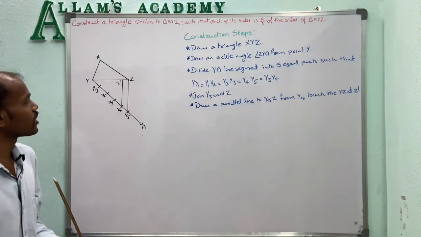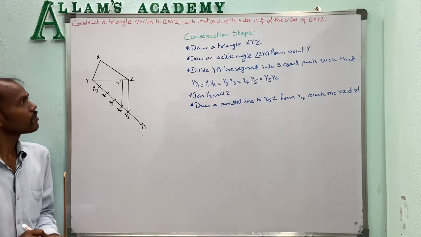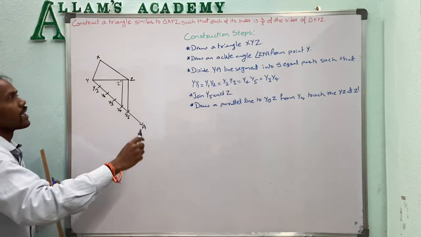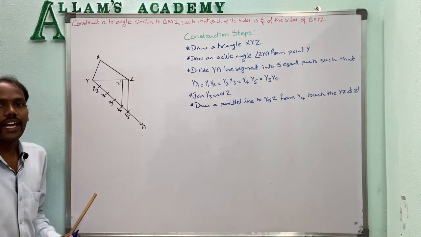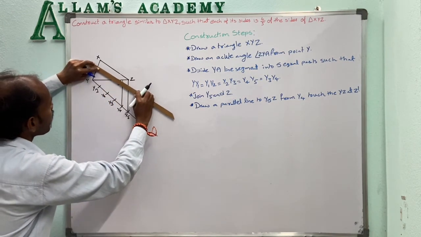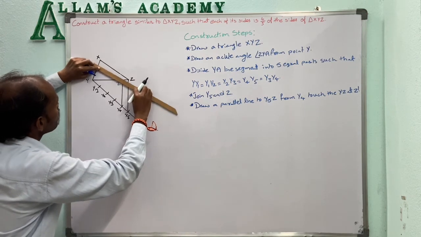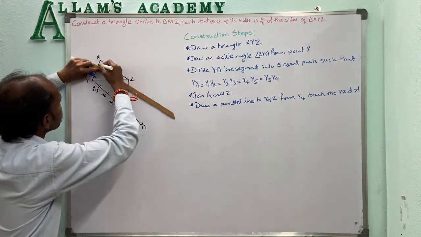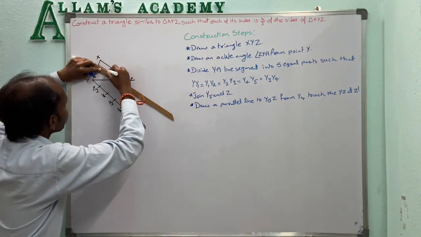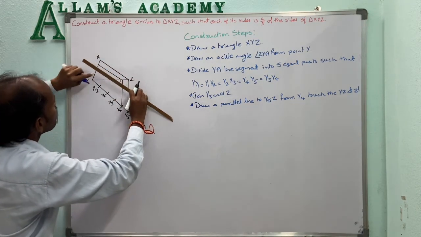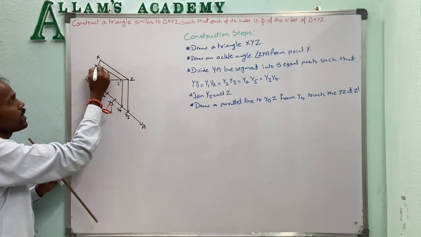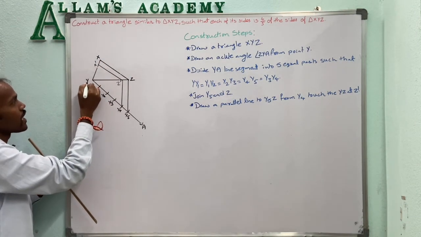So Z dash is touched. Now from Z dash we draw another parallel line to this XZ line segment using a set square. Now that drawn line touches the XY line segment at X dash.